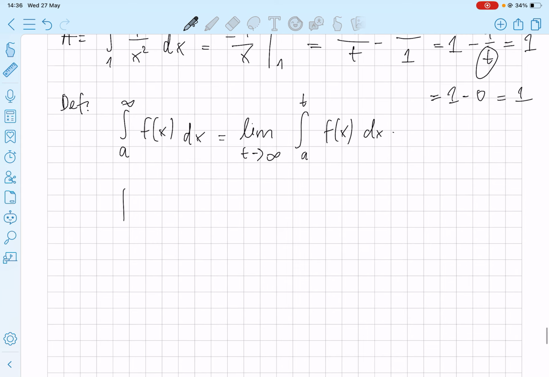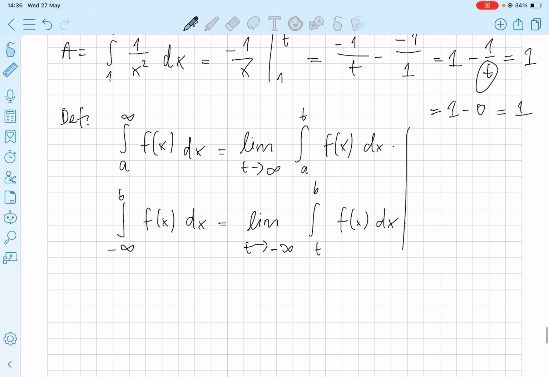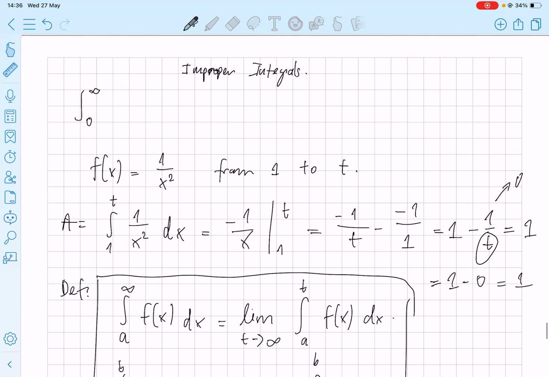In a similar way, the integral from negative infinity to b of f(x) dx equals the limit as t approaches negative infinity of the integral from t to b of f(x) dx. You have to remember this formula in order to do well on this topic.